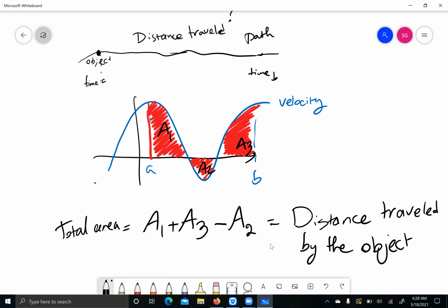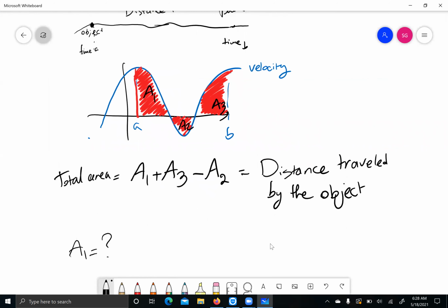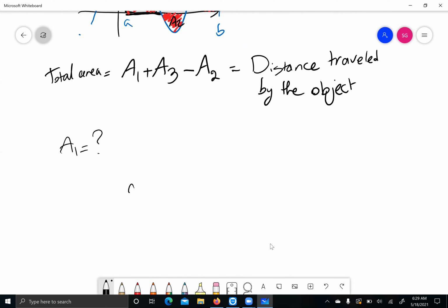But what's the problem? If you want to know what A1 is, we need to calculate this area. Look at the shape of this area. This side is a straight line, but this side is a curve. So we need to find the area of a shape like this.